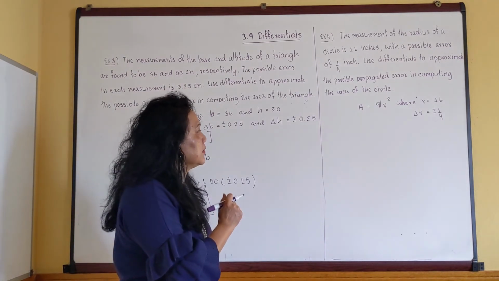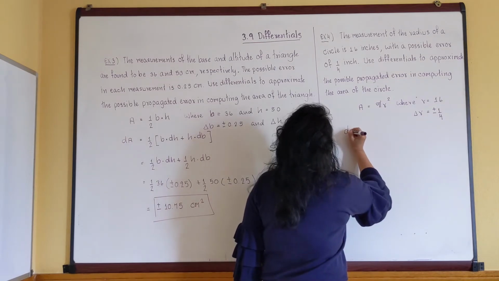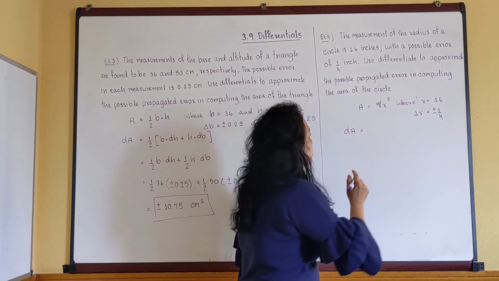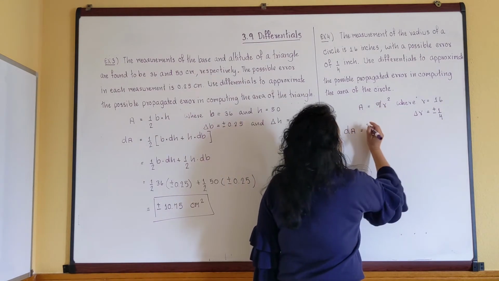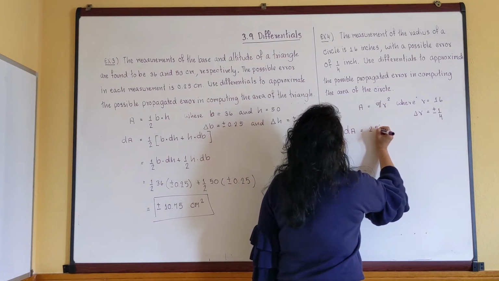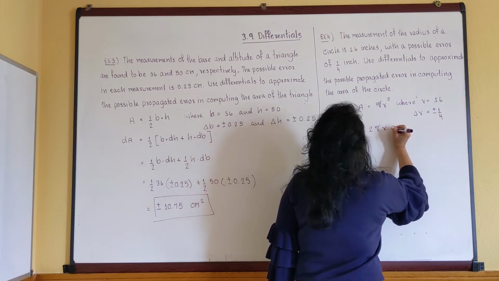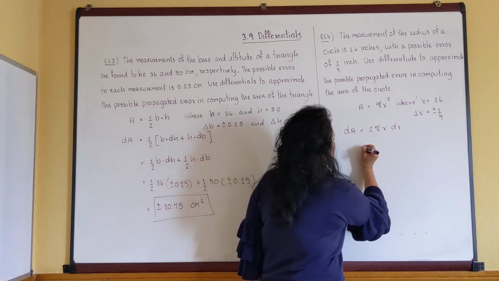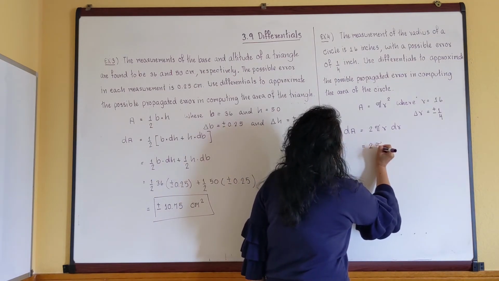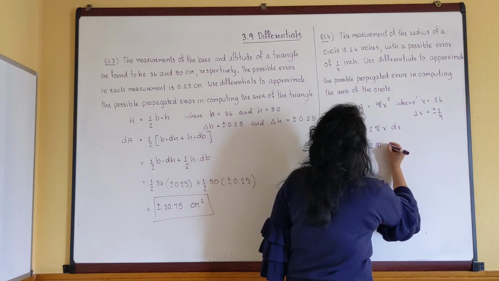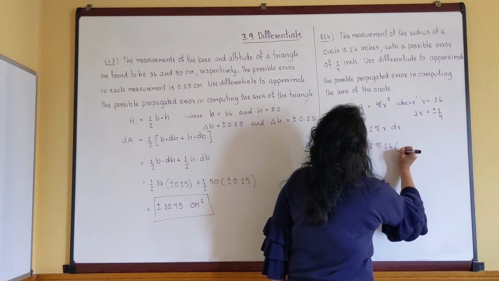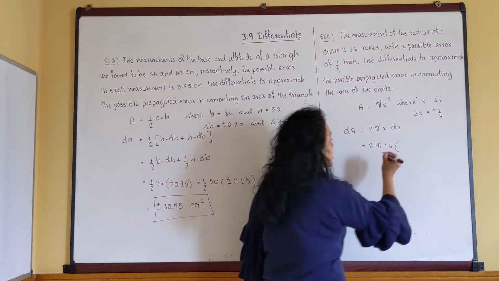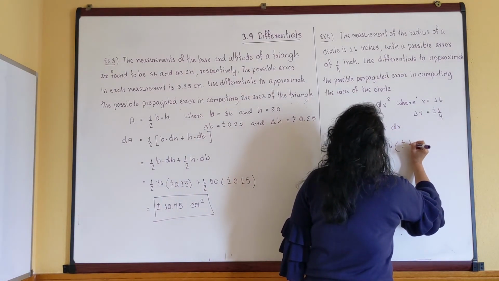So I'm going to take the derivative of this. So the derivative of the area: pi is just pi, r is the variable, so I have 2 pi r dr. Alright, now let's calculate this. 2 is 2, pi is pi, my r is 16, and my dr is approximately delta r, which is plus or minus 1/4.